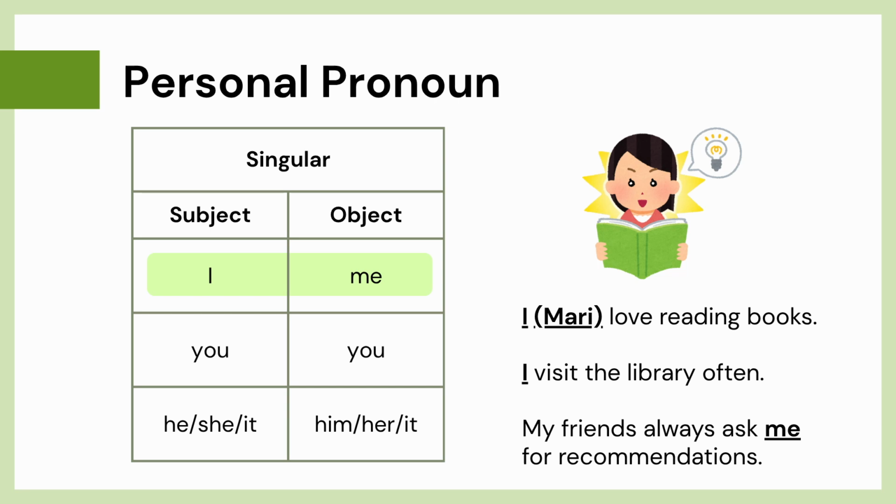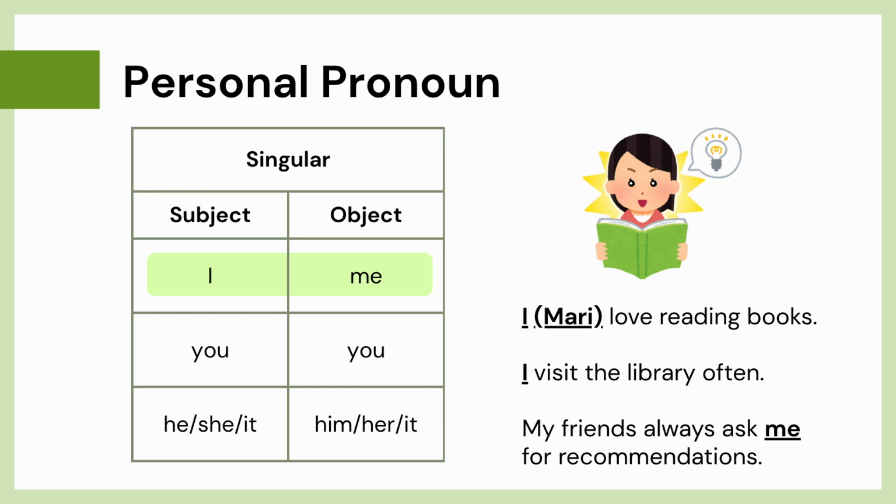Friends always ask me. And the object pronoun me, this is the object because this is the person who receives the action of being asked or the person the action is done to. They always ask me for recommendations.